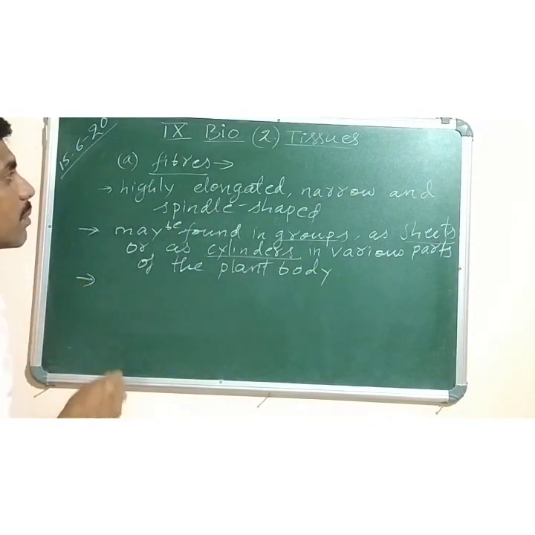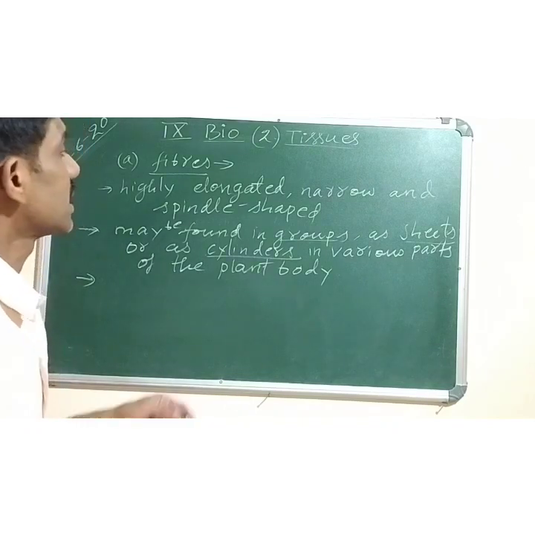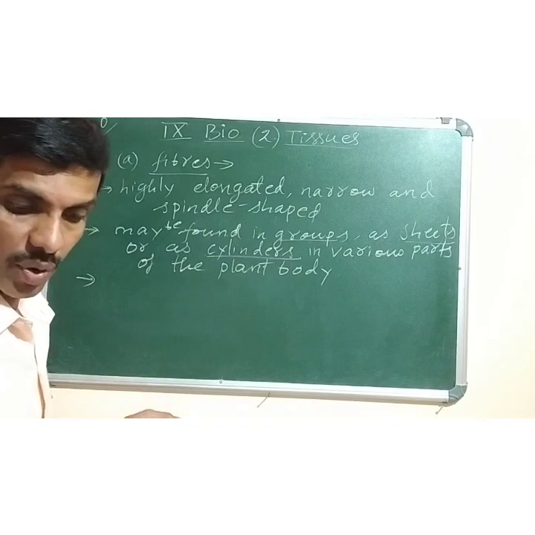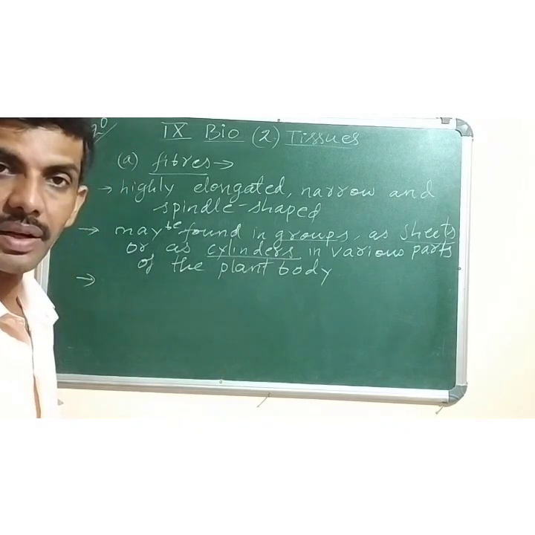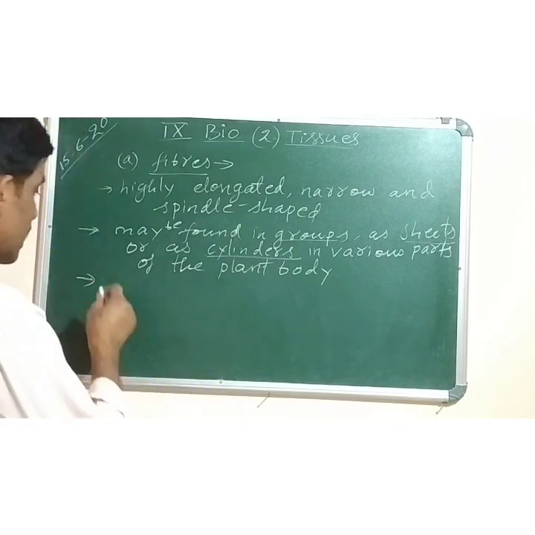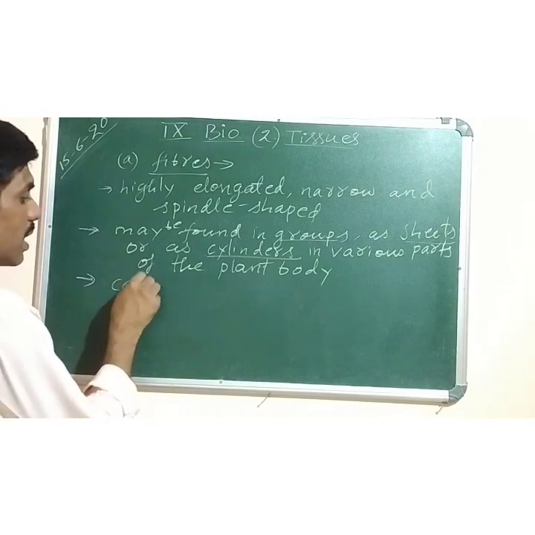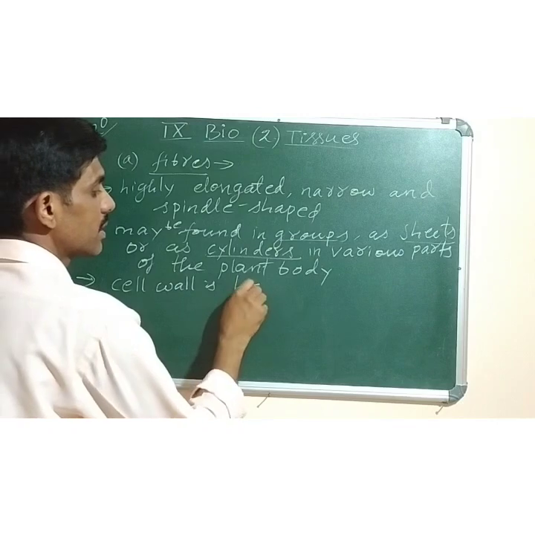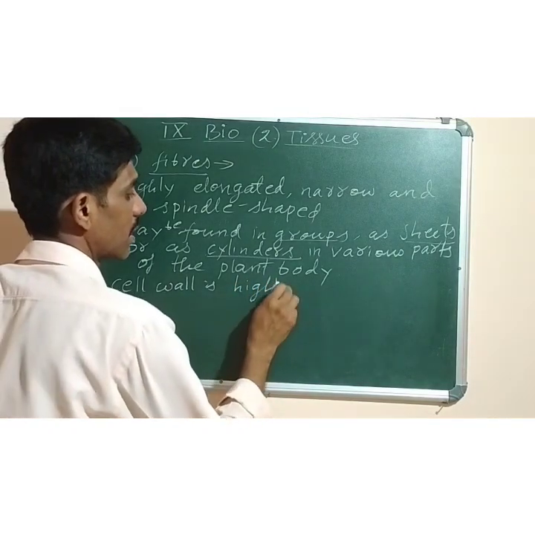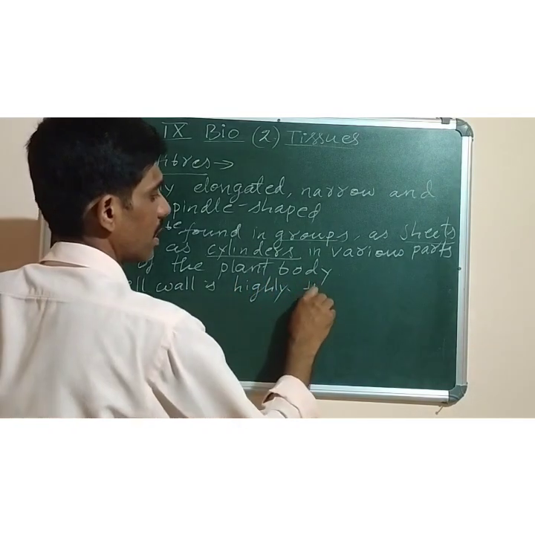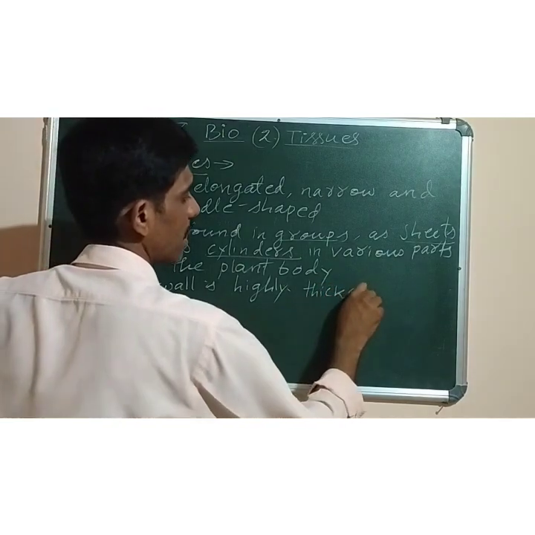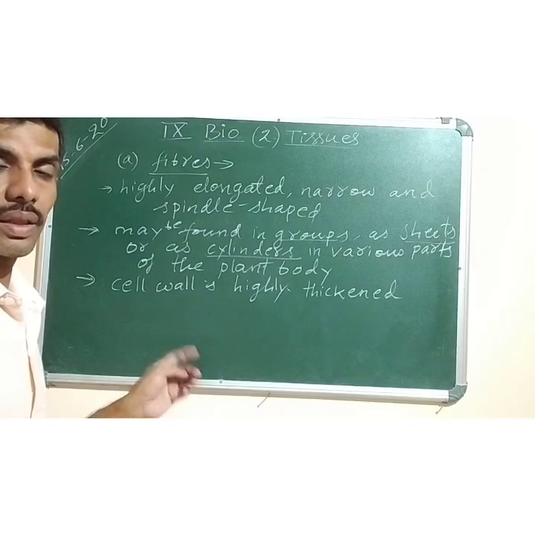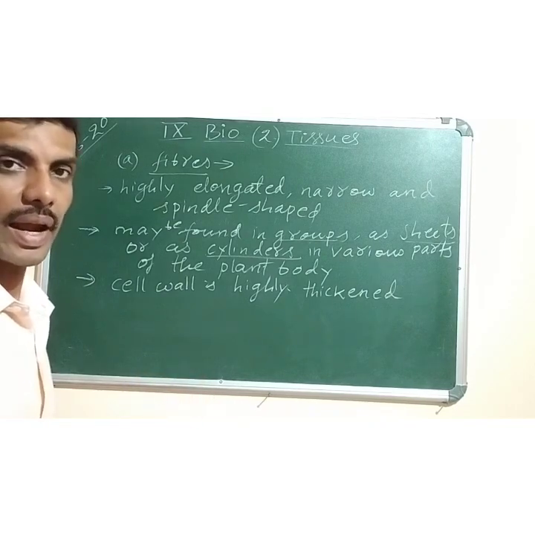Then the third point about the fibers is they may contain pits. In fibers the cell wall is highly thickened, and they may have oblique end walls.